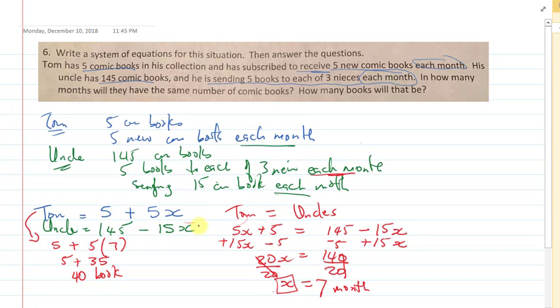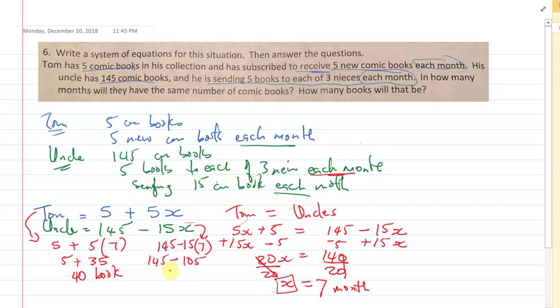Now if we were to do his uncle's, it would be 145 minus 15 times 7. I know 15 times 6 would be 90, so 90 plus another 15 would be 105. So 15 times 7 is 105.